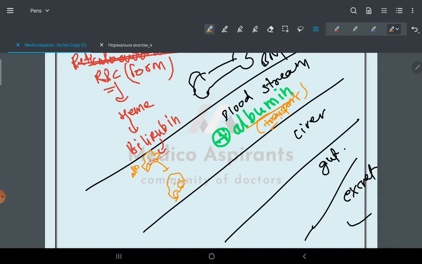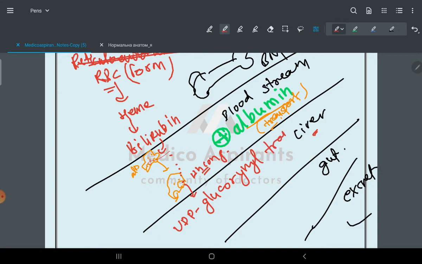So here you can see our hero molecule bilirubin, and it is not in any kind of bonding. You can see it is a bachelor, that's why it is unconjugated. But later, when it goes inside the liver, hepatocyte cells have UDP glucuronyl transferase.